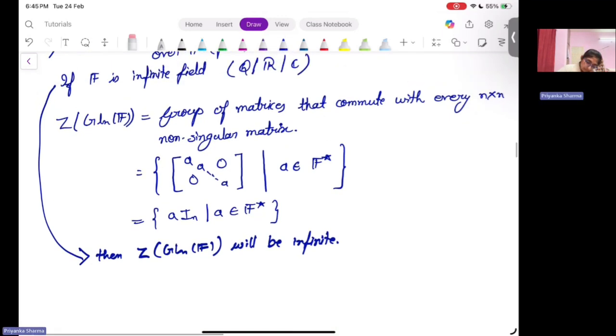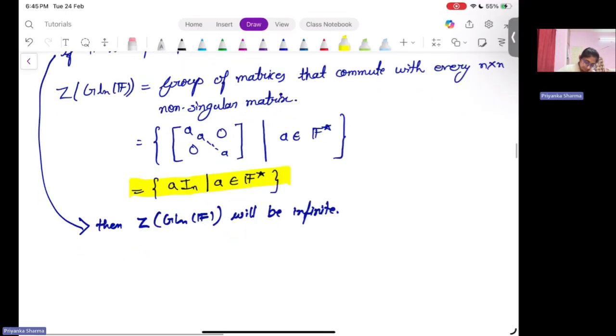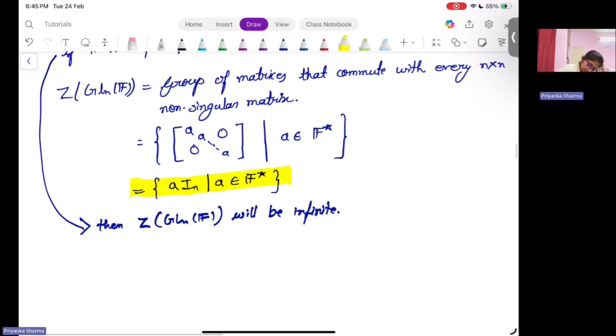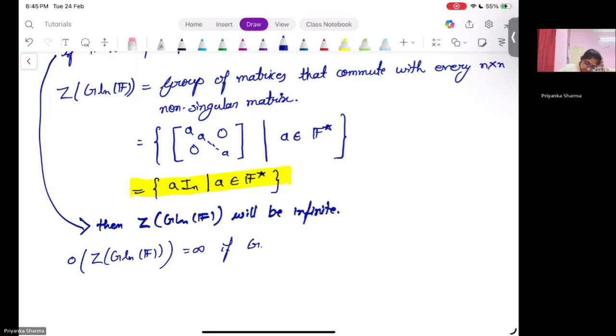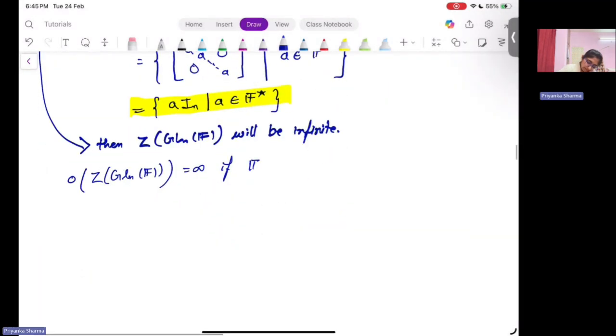So this will be the form of the center. And the order of Z(GLN F) is infinity if F is infinite.